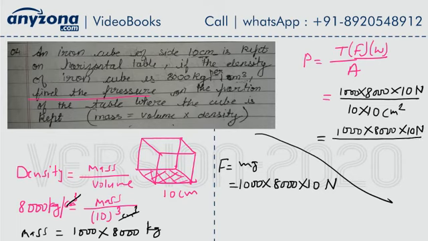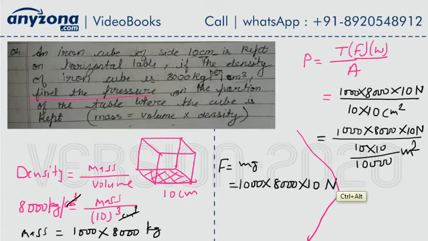That's why you have to divide this area, 10 into 10, by 10,000, then it becomes in meter square. I'm just trying to make some space here. Just delete this. So when you divide this by 10,000, after calculation, what happened?